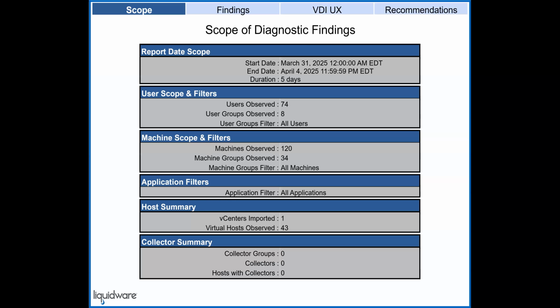This was a report that I ran a couple of months ago inside of the environment. I found a bunch of weird things, which is why I kept it, because it's always fun to talk about. We have 74 users, 123 machines, 120 machines, 43 vCenter hosts, 1 vCenter import.